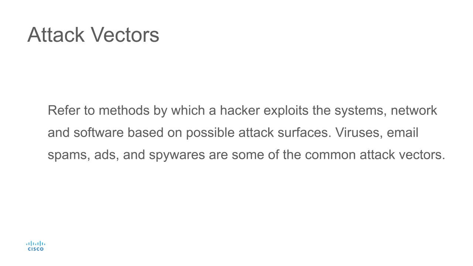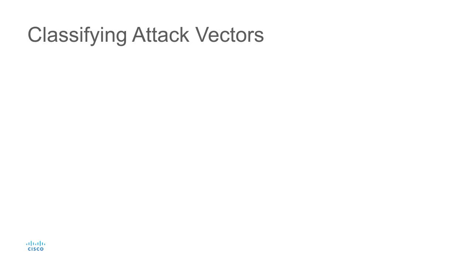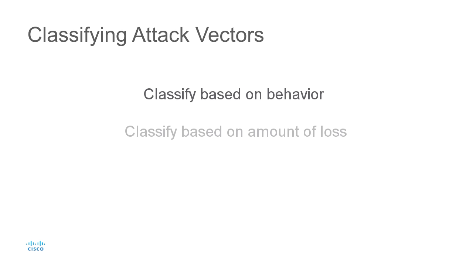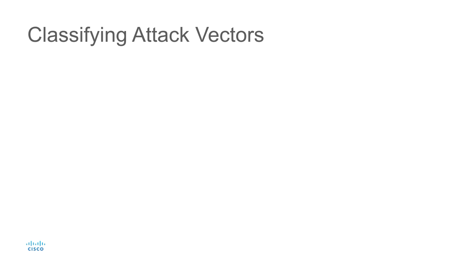It's important for us to maintain our bug fixes or our patch updates, and that will help us to prevent certain attacks from happening. We can classify these attack vectors based on their behavior or the amount of loss that could be incurred if a certain device were attacked. And so we could rank these as either low risk, medium risk, or high risk. And then we want to focus on mitigating the high risk first.